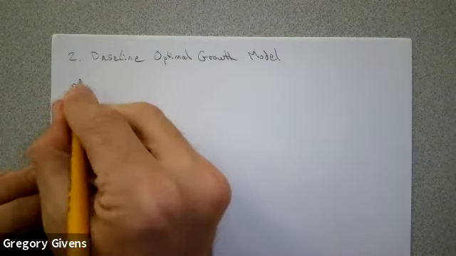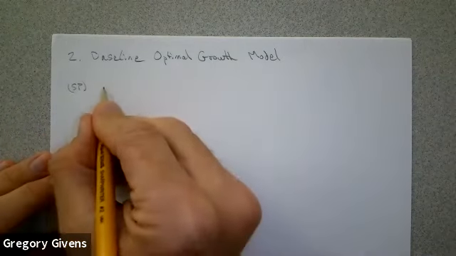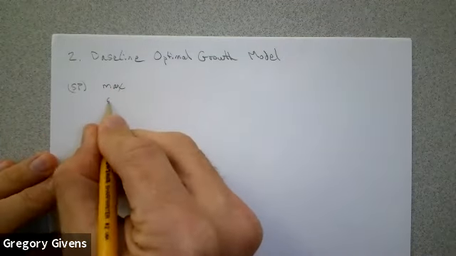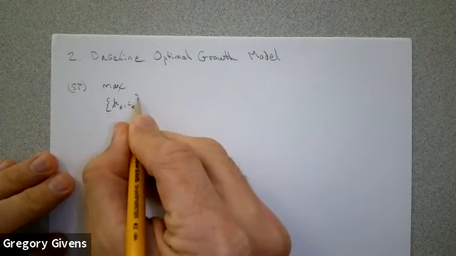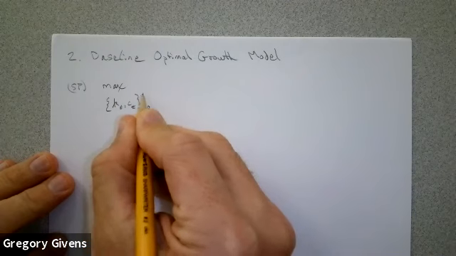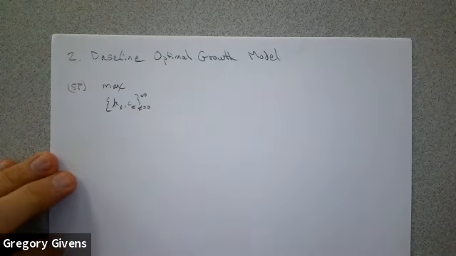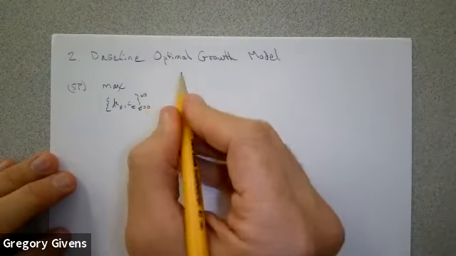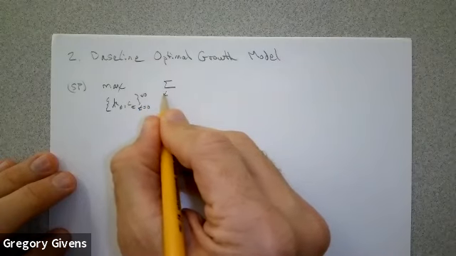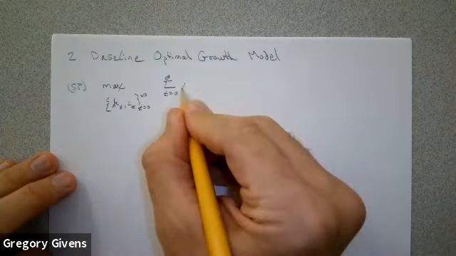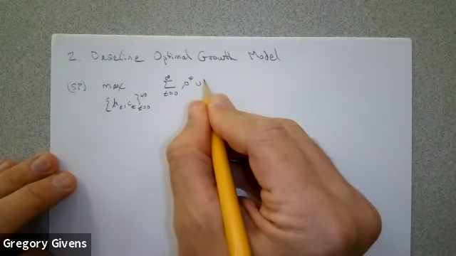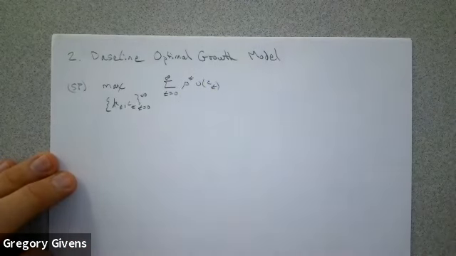Let's instead assume that the planner is faced with the following sequence problem. Maximize over an infinite sequence of capital and consumption the sum from 0 to infinity, beta to the t, u of c_t, subject to the resource constraint.